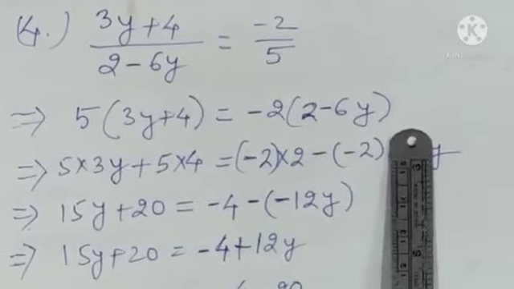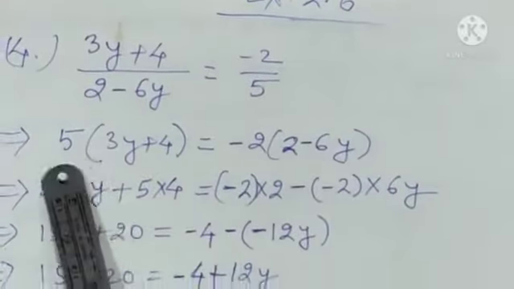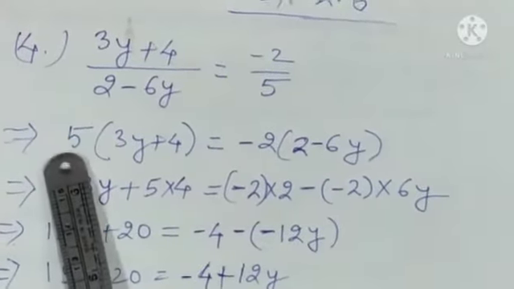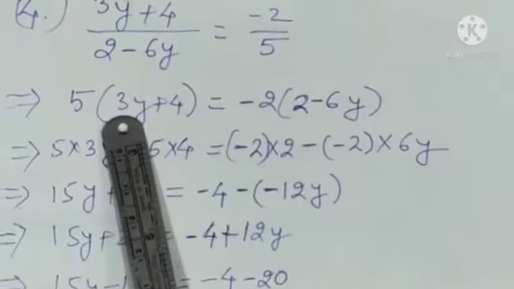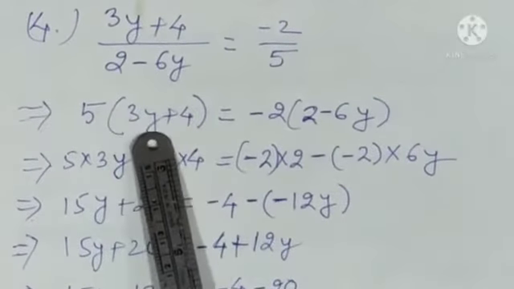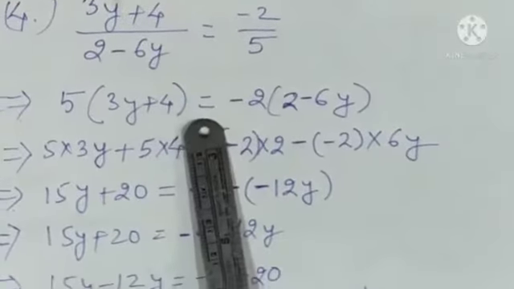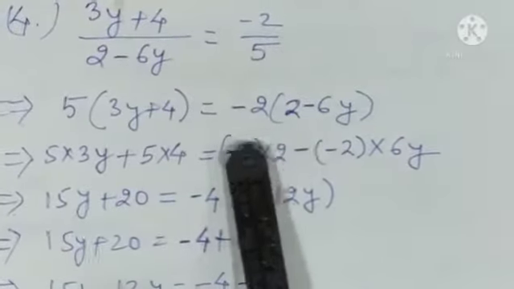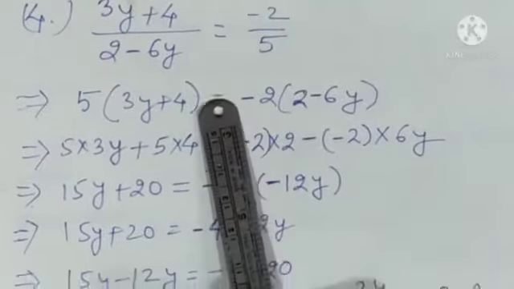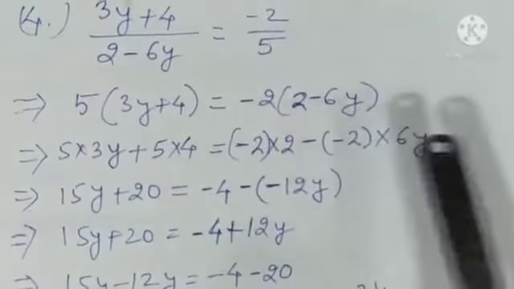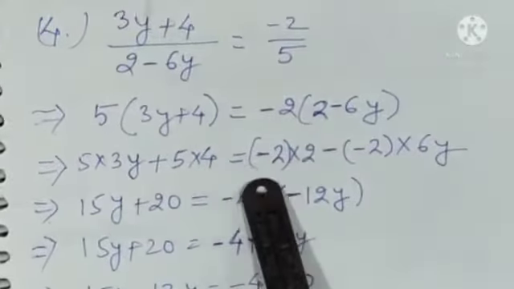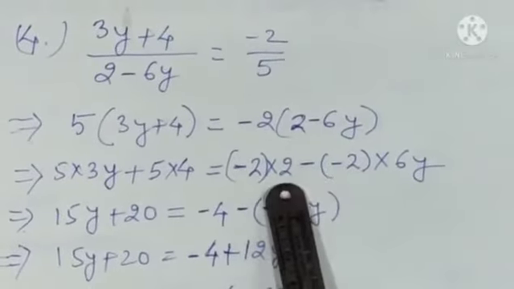Now remember, this is easy: simply 5 multiplied by 3y plus 5 multiplied by 4. The main difficulty is the −2, which is multiplied to 2 − 6y.